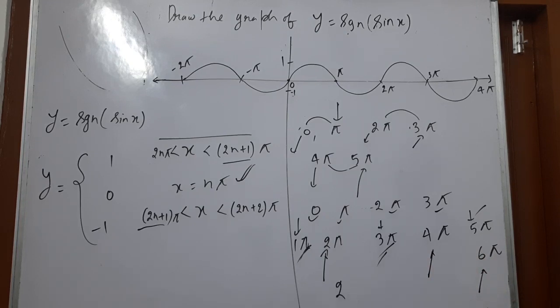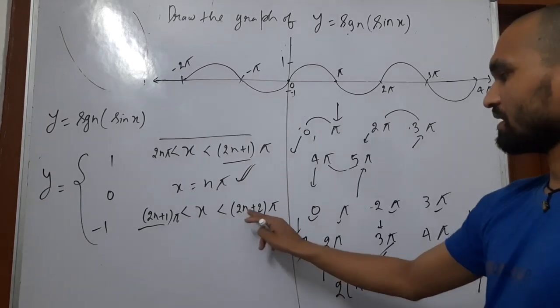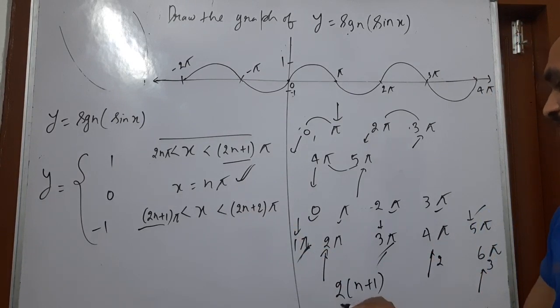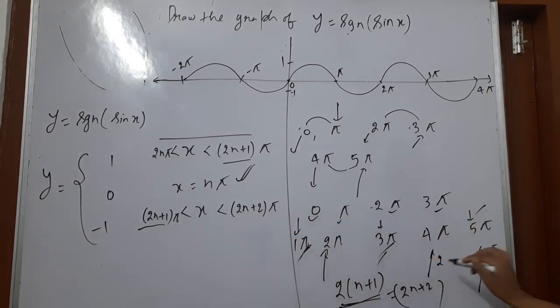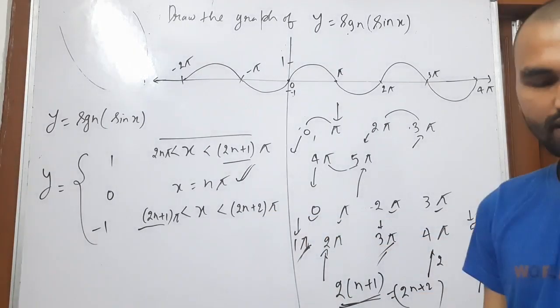After that this will be 1, 2, 3, which we can write in the form of n plus 1. So we have taken here 2n plus 2, because after opening this we get 2n plus 2. So here the general form of 2 pi, 4 pi and 6 pi is (2n plus 2) pi.